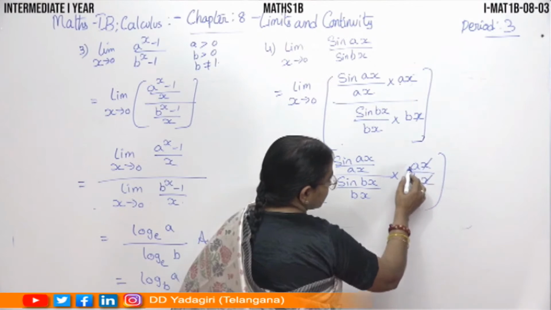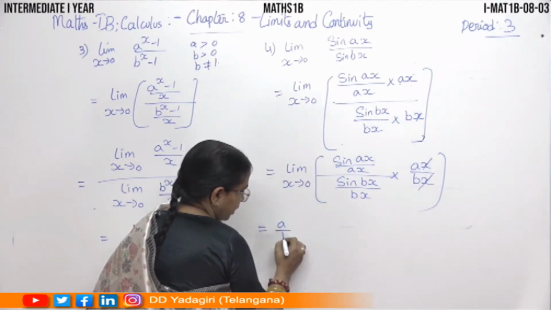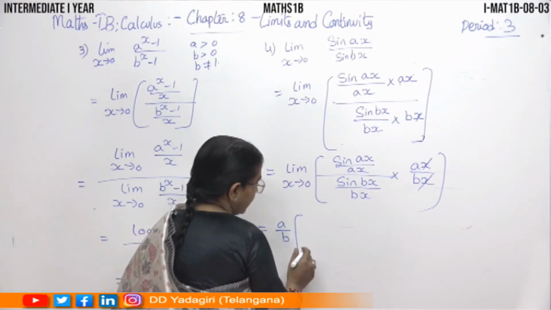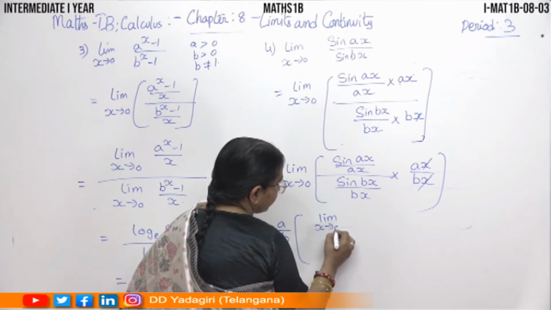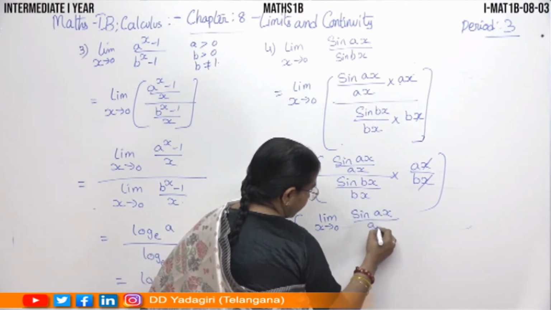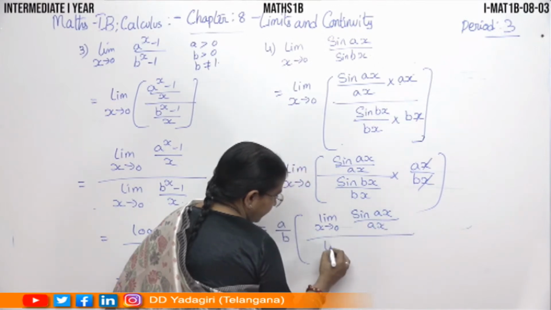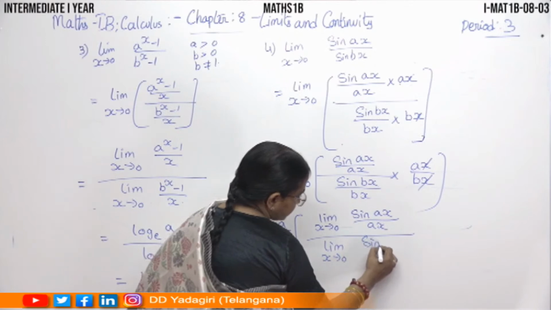So now x gets cancelled. a by b is a constant number, so I can write a by b outside and then write limit x tending to 0 of sine ax by ax, divided by limit x tending to 0 of sine bx by bx.